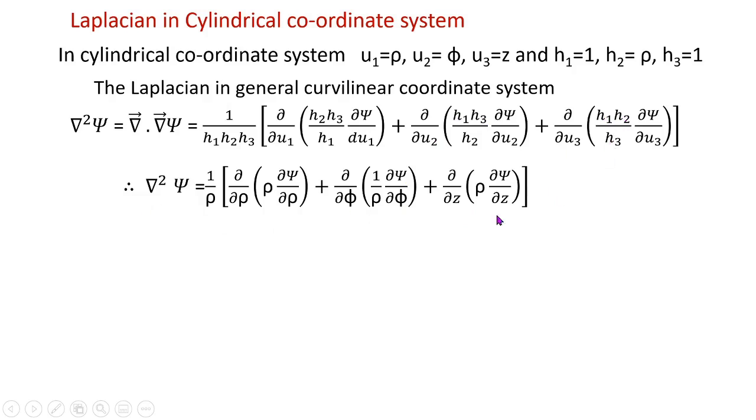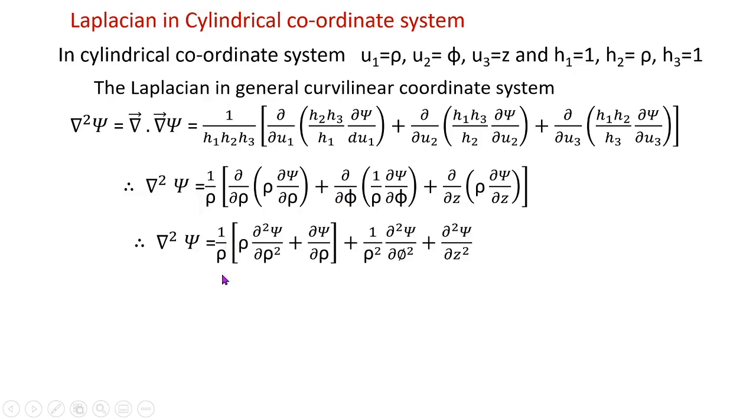Therefore, if we simplify this expression, take this product term, rho del psi by del rho, with respect to rho, and divide throughout by rho. This rho is constant with respect to phi, therefore take it outside the partial derivative. This rho is constant with respect to z, therefore take it outside the derivative. Then this rho gets cancelled with this rho, and here we get 1 upon rho square.